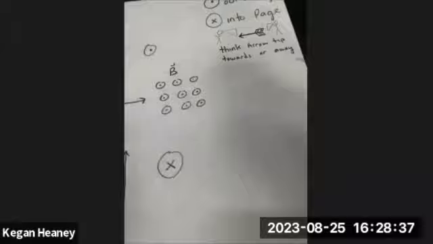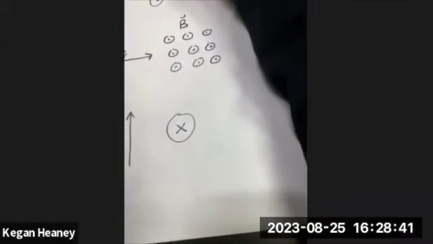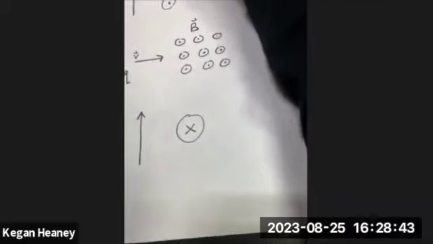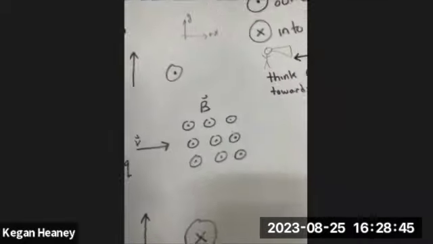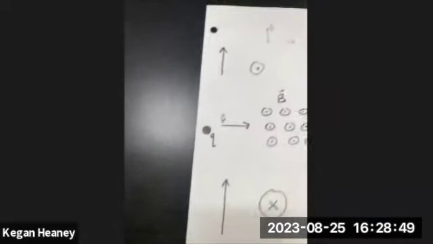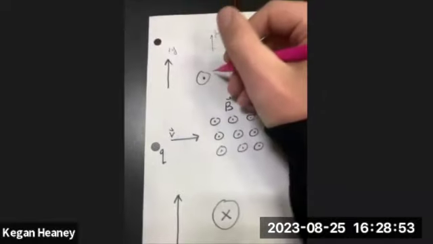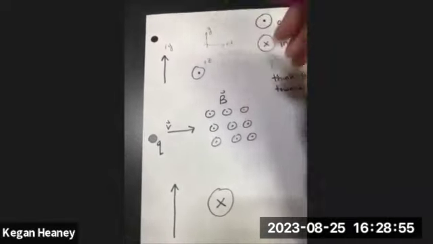But again, if you are not comfortable with this, then I recommend drawing your coordinate system, and you can even draw the directions, right? So this is plus y, this is going to be plus z.